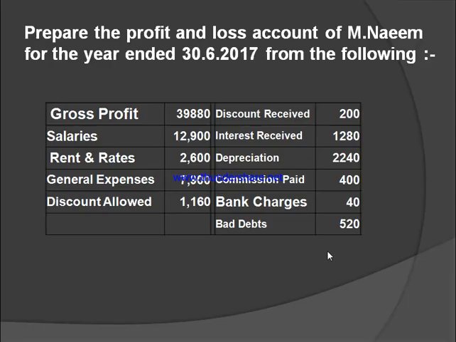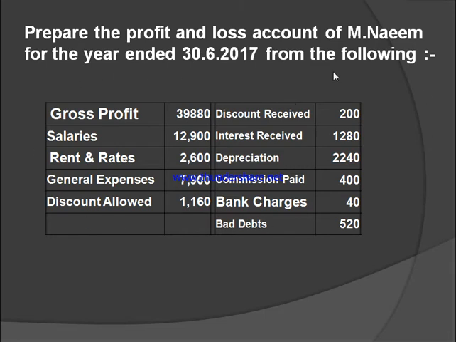Let's take one problem. Prepare the profit and loss account of Mr. Naeem for the year ended 30th June 2017 from the following. These balances are given.